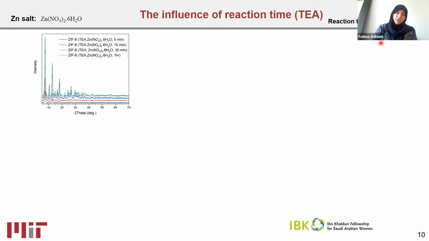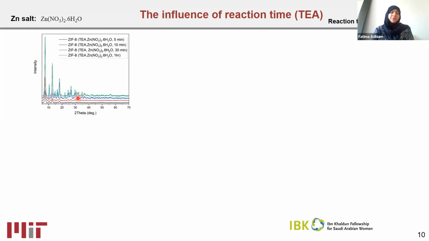The X-ray diffraction of these results confirmed that the intensity of the prominent peak increases as the reaction time increases, which indicates that a longer reaction time results in a larger particle size. However, the presence of sharp peaks, even for the reaction done in 5 minutes, confirms that these materials can be successfully synthesized in a short period of time.